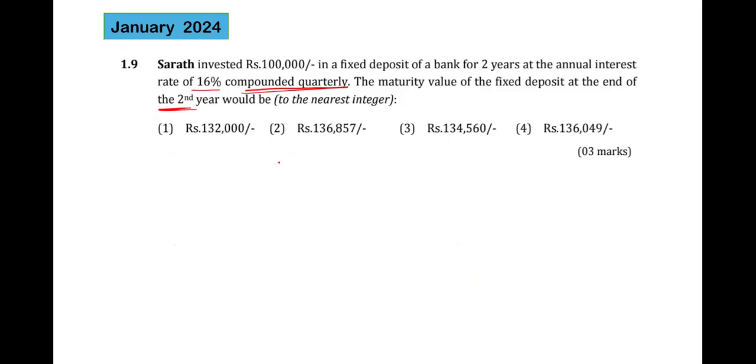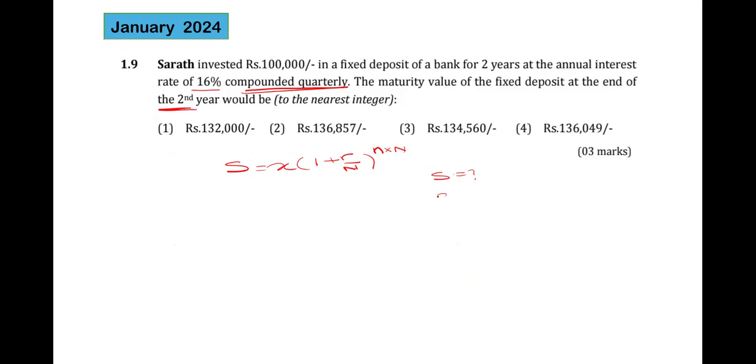Then how do we apply the formula? S equals X times 1 plus R divided by capital N to the power of small n times capital N. Right. We want to find S.